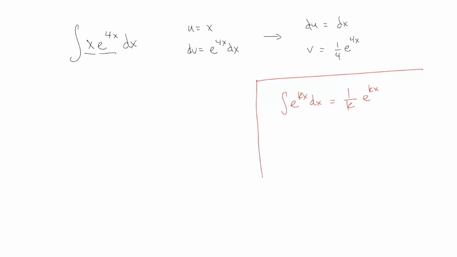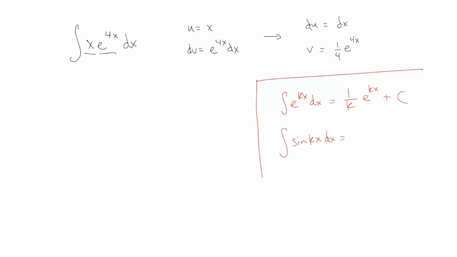The integral of e to the kx, if k is any constant, is always 1 over k times e to the kx. That's because the derivative of e to the kx would be e to the kx times k. That's the chain rule. So when you take the derivative of this kind of thing, you multiply by k. That means when you take the antiderivative, you have to divide by k. It's the opposite. Plus c, of course, if you like. And there are similar things. I will just mention them now because these will come up every so often.